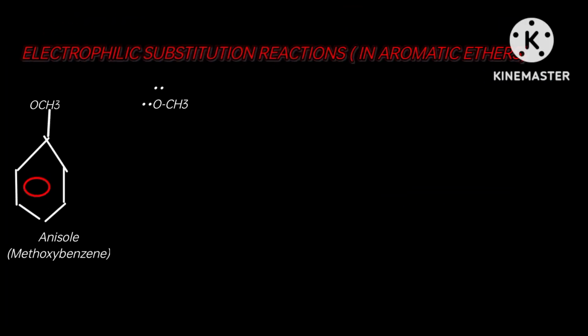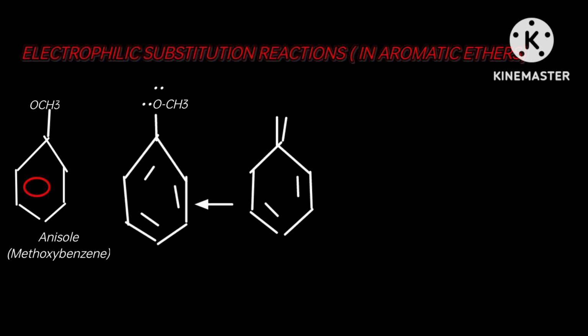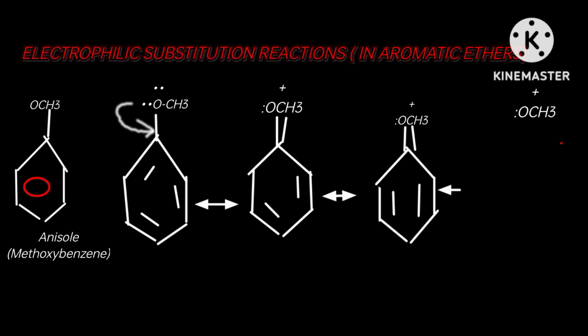Let us now move on to the electrophilic substitution reactions in the case of aromatic ethers. We saw that in the case of ethers, oxygen has a lone pair of electrons. Because it has a lone pair of electrons, it will be happy to share its lone pair of electrons with the benzene ring.